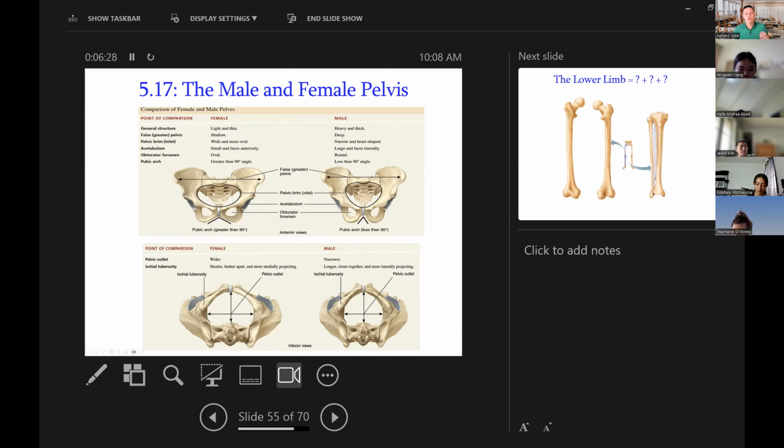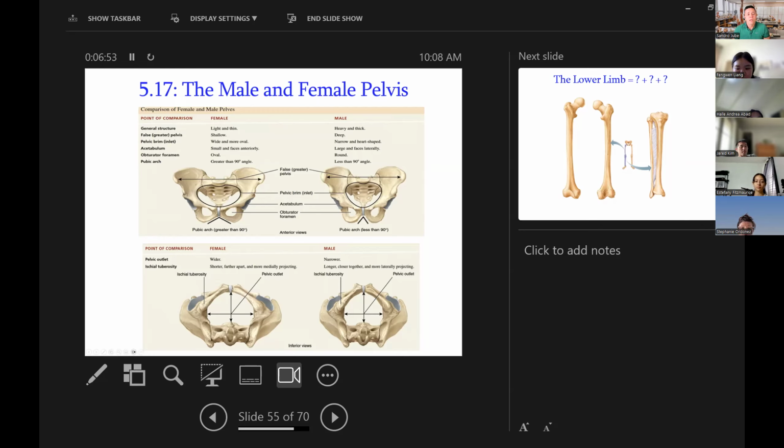Okay, once again, you need to pick 3 of those differences. And guys, I have a warning for you for the exam. When you are naming those differences, make sure you tell me what you're comparing. Don't go in and just say, oh, female, light, thin, shallow, wide, oval, small, faces anteriorly, oval, greater than 90 degrees.